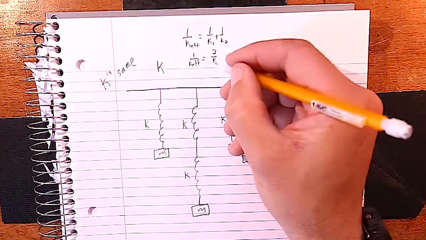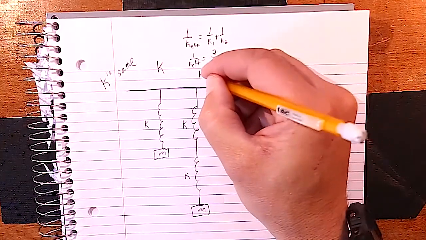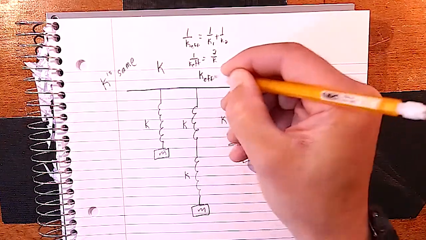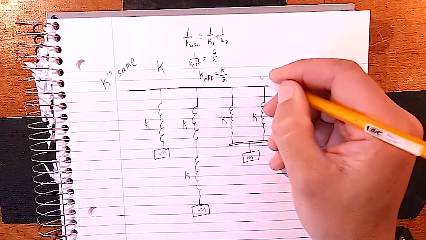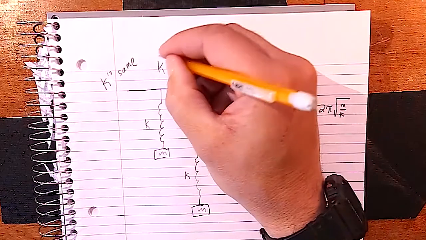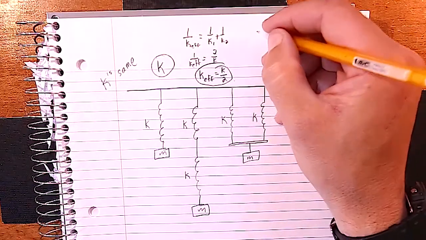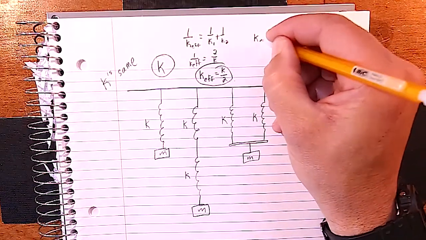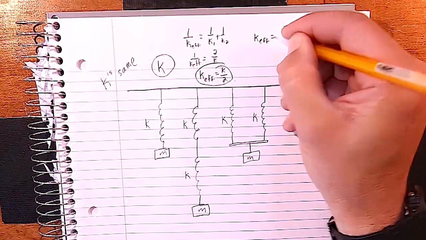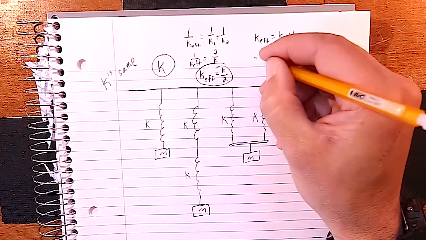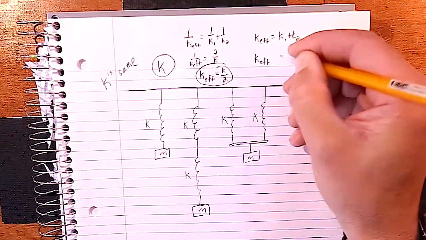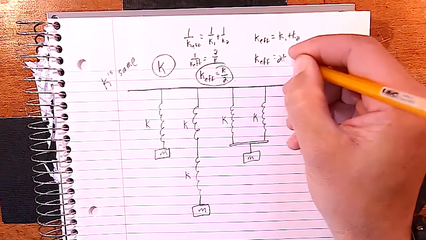If we rearrange and solve, cross multiply, K effective is equal to K over 2. In other words, half of K. So this one is K, this is K over 2. And then for K effective of them in parallel, that's just K1 plus K2. These are the same, so K effective ends up becoming 2K.